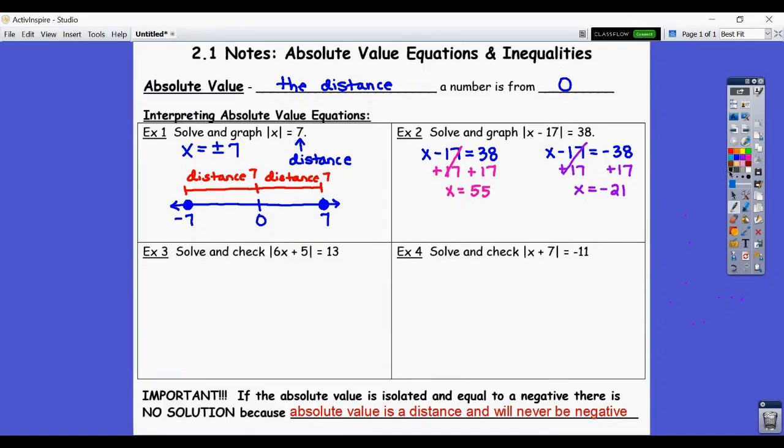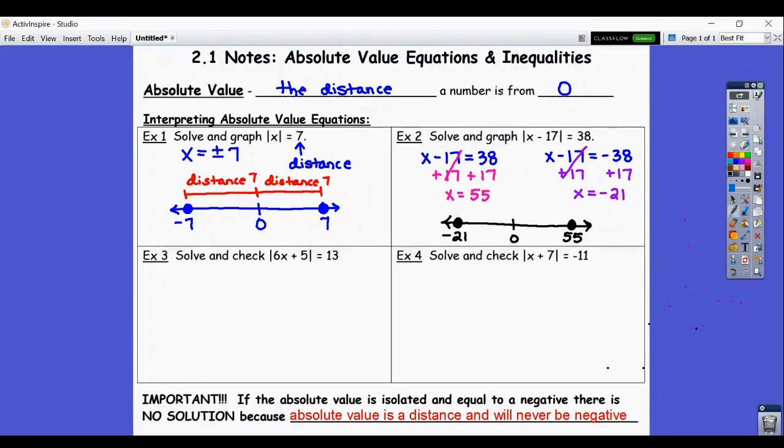We go ahead and graph this, showing that our possible x values will be at the point of negative 21, put a point there, and at positive 55. And again, this is just a sketch of our graph, but make sure your negatives are on the left and your positives are on the right of 0.